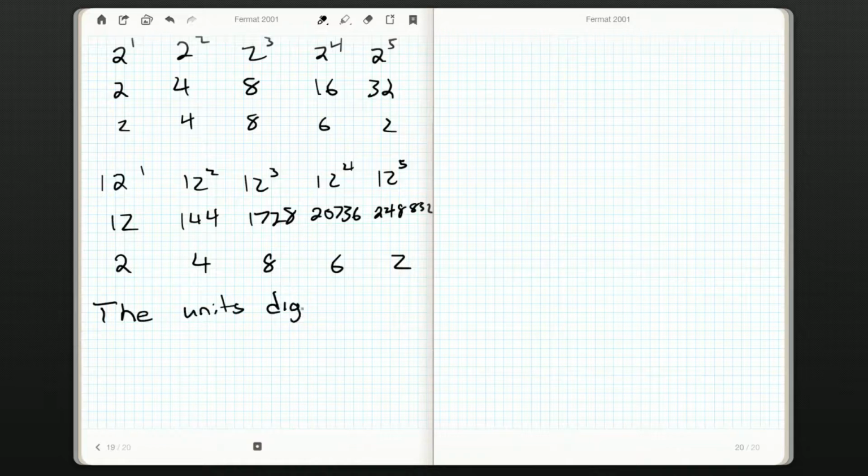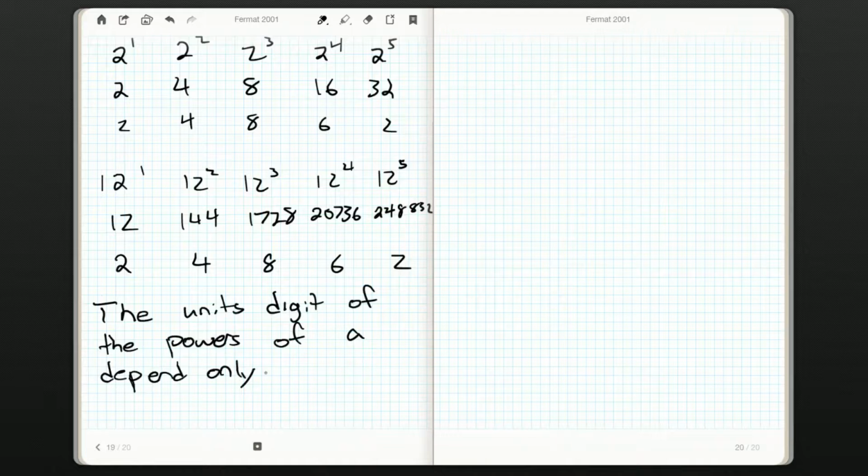The units digit of powers of a number depends only on the units digit of N. Notice that this is not true of the tens digit.